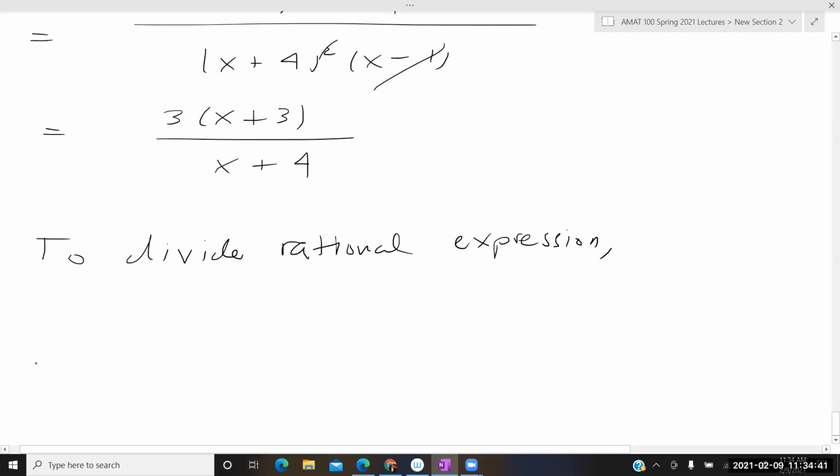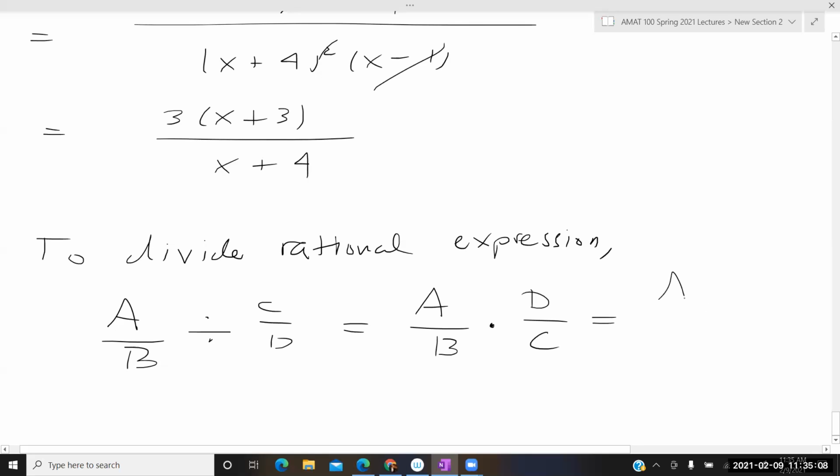So you might have something of this form: a over b divided by c over d. And to do this, you just simply invert the second fraction. So you have a over b, and after you've inverted, the division will become multiplication, and you get d over c. And then you just multiply those, as we did above.